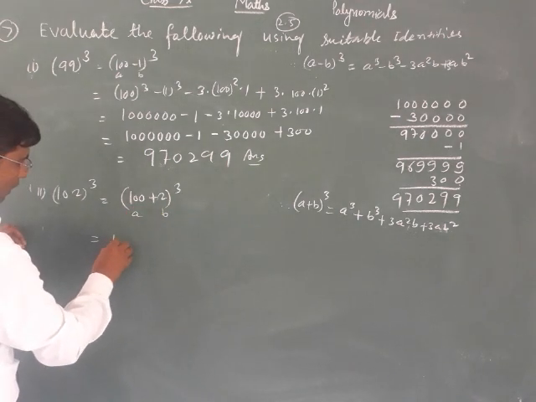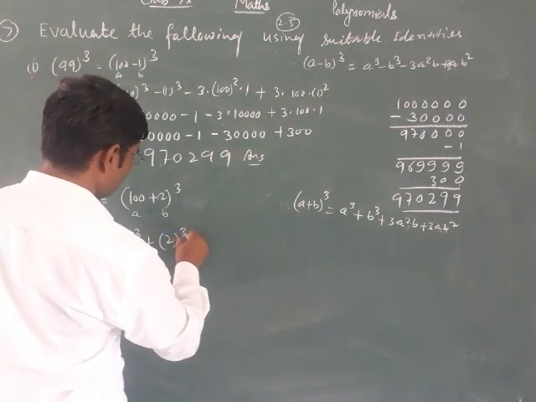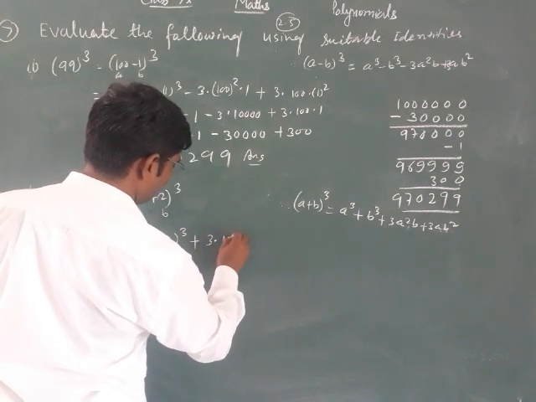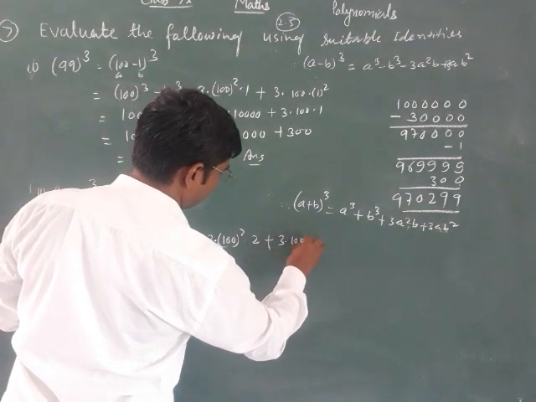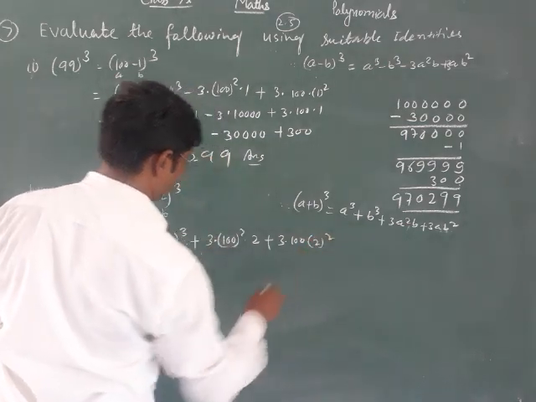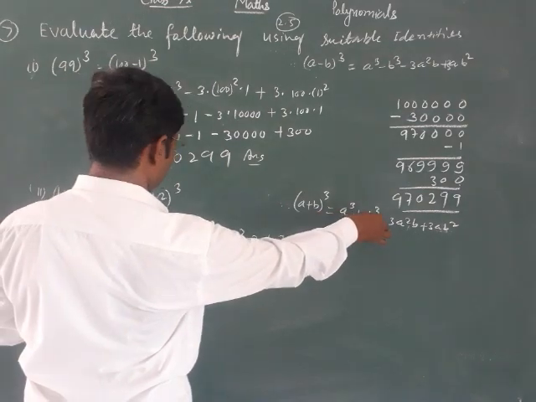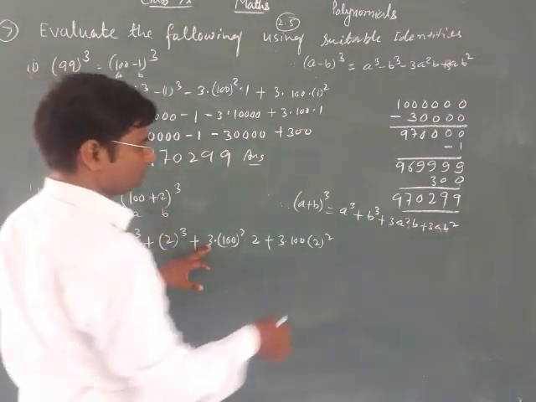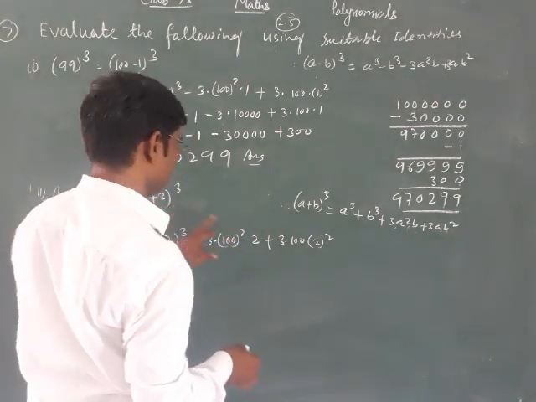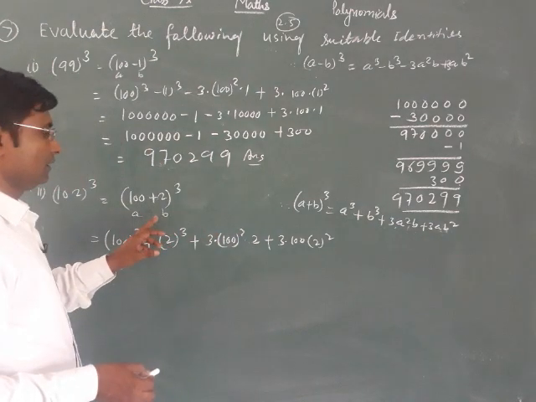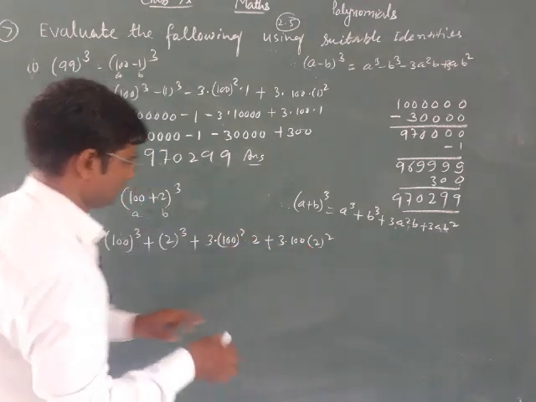So 100 cube plus 2 cube plus 3 into 100 square into 2 plus 3 into 100 into 2 square.